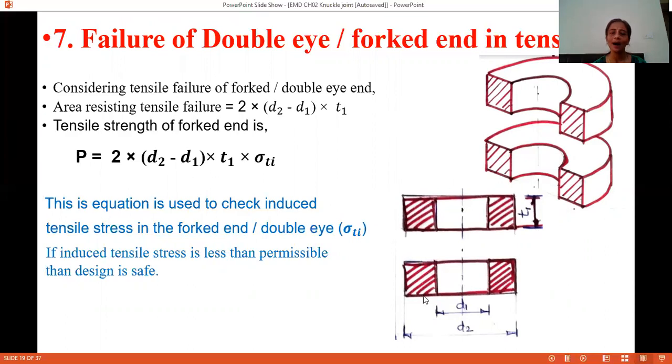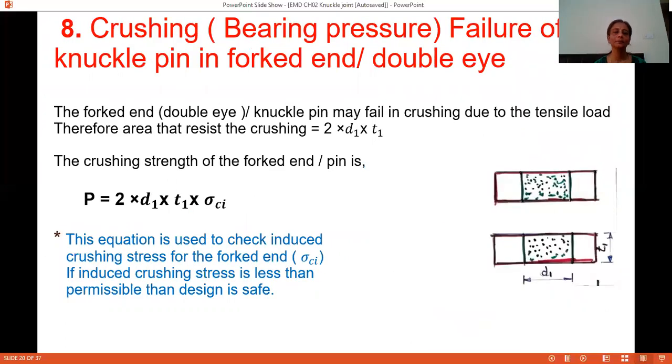Because there are two eyes, there will be a 2 in all the double eye equations. The strength equation is 2 into d2 minus d1 into t1 into sigma t induced. From this equation, we will find induced tensile stress, and it should be less than permissible value for safe design.